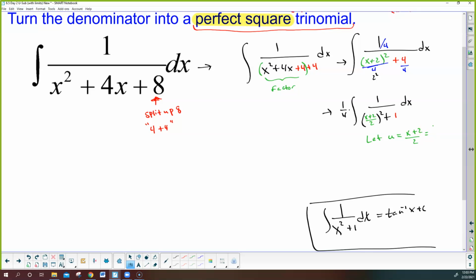So I could rewrite this as 1/2 x plus 1, right? If I just divide each one of these by 2. And that makes it easier to take the derivative. Because when I take the derivative of 1/2 x plus 1, I get 1/2 dx. But I don't have a 1/2 fully present. So I'm just going to move that 1/2 over.